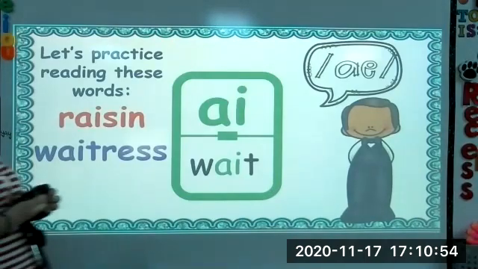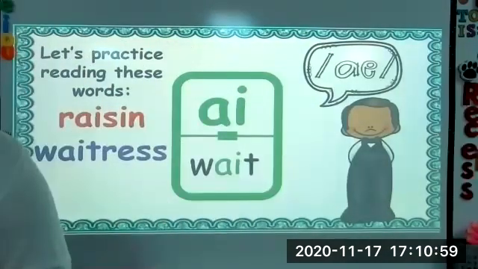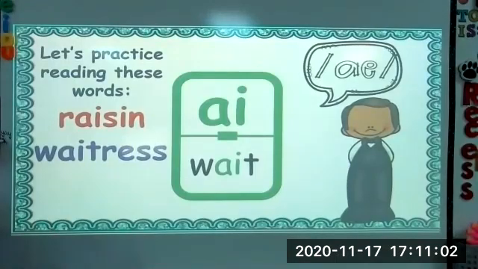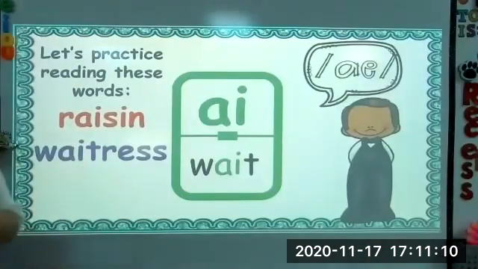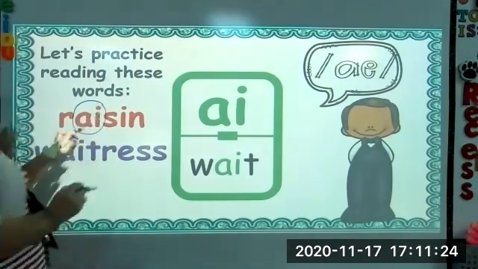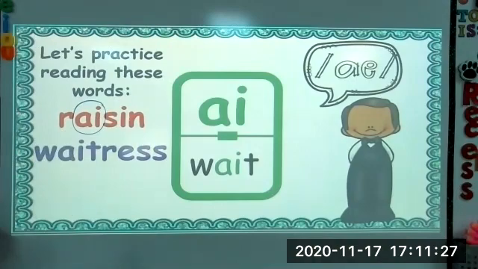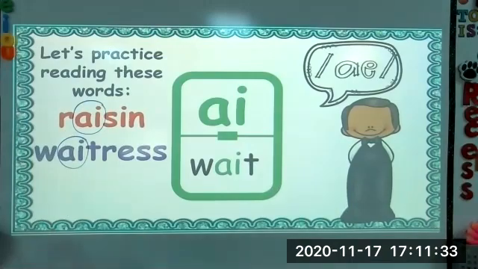We have talked a lot this week about the A sound, the long A, and how it is made with different letters. We know that AI is one way to say A, like in the word raisin and waitress. What part of those words make the A sound? We know that raisin has the AI that makes the A sound, and waitress has the AI that makes the A sound.